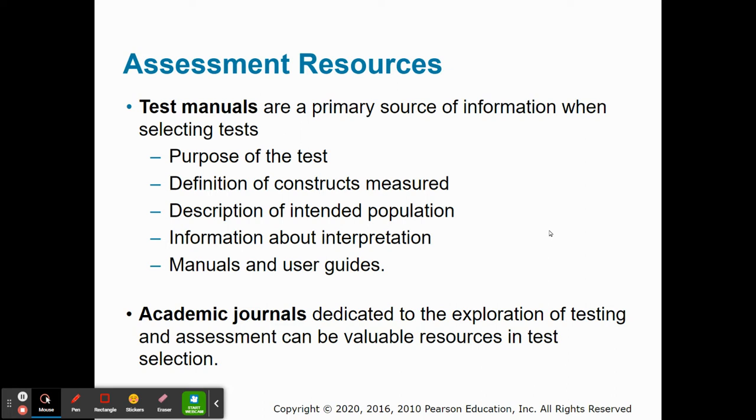Academic journals are another really good way to find instruments that may be suitable for the population that you're serving or what it is that you need to test for. A few years ago, I did a program for college students on at-risk drinking.